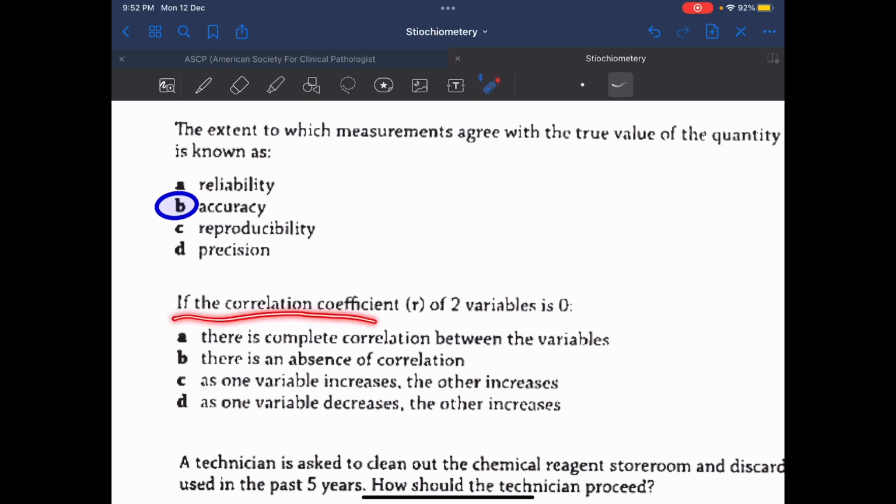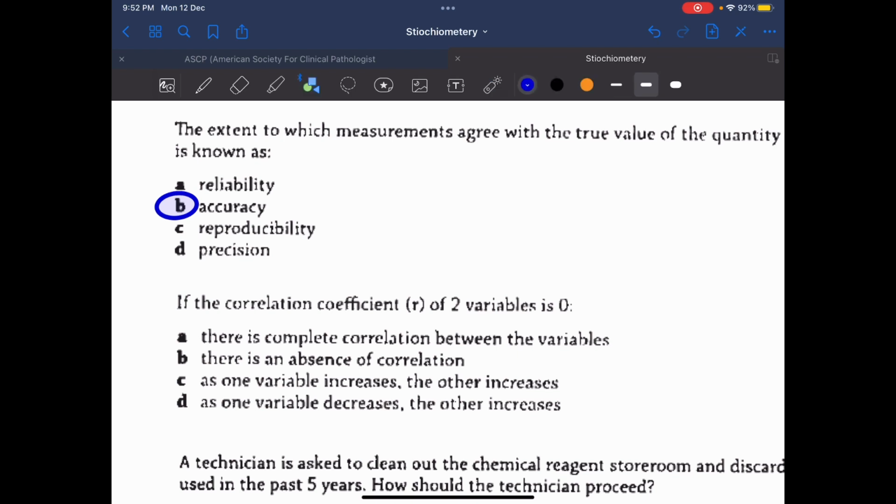If the correlation coefficient R of the two variables is 0, there is complete correlation between the variables. There is an absence of correlation. As one variable increases, the other increases. As one variable decreases, the other increases.